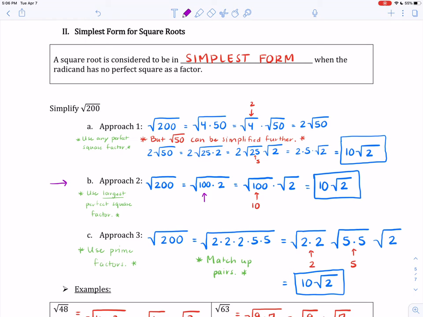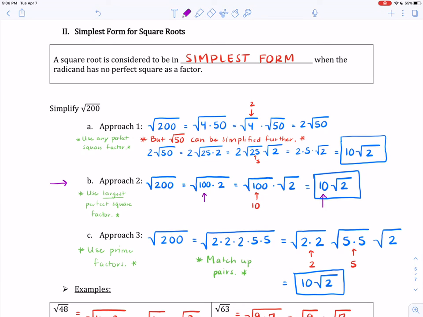And when I do that, I'm able to take the square root of 100, pull this 10 out of the radical. When you take the square root, it comes out in front of the radical. And then I have to leave the 2 underneath the radical because that cannot be broken down any further. And again, what this is called is simplifying the radical.